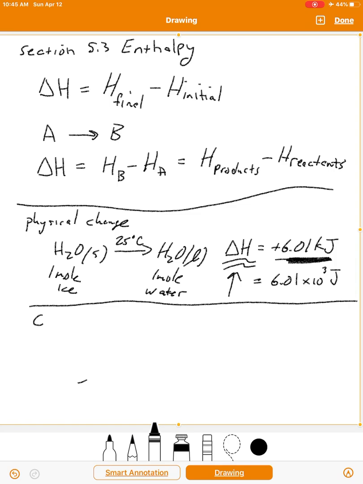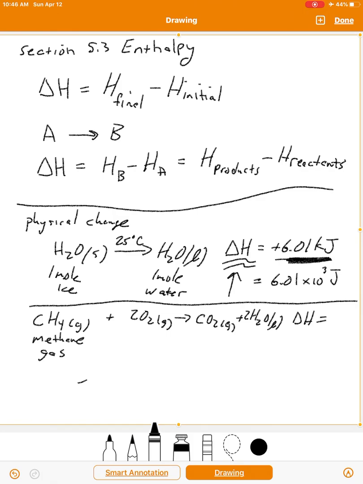So for example, if we look at the combustion of methane, methane is the principal component of natural gas. We can combust it in oxygen to form carbon dioxide gas and liquid water. And it turns out there's an enthalpy change associated with that.